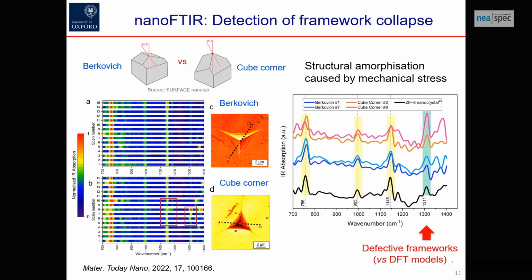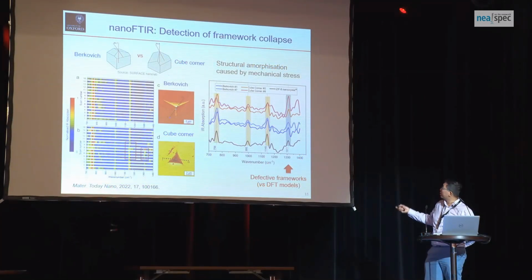Then we do a line scan across the residual indent, and you can see the highlighted boxes correlate to the spectra that we have pulled out here. In the red and yellow bands, you see the broadening as we approach the inside of the residual indent. These are suggestive of things like structural amorphization or just distortion of the framework.